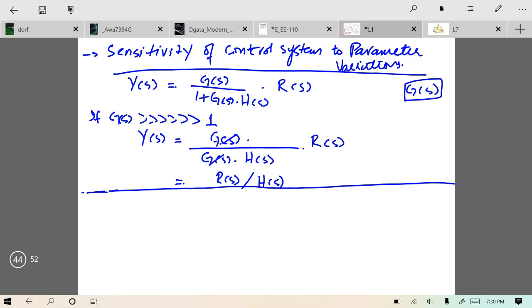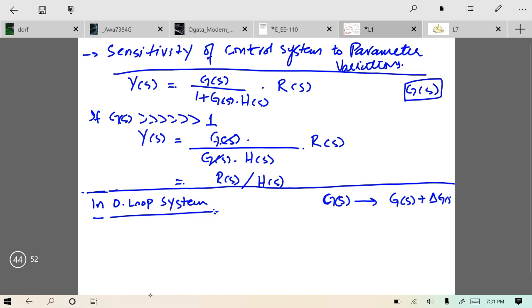Now let's see a few things mathematically. In open loop, OL, I am writing an open loop system as OL. In an open loop system, if I have a small rate of change, let's suppose your G of s is now changed to G of s plus delta G of s.